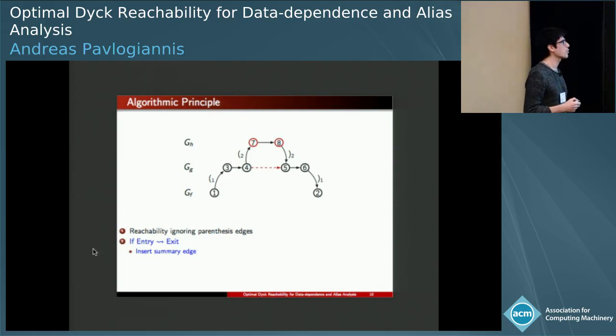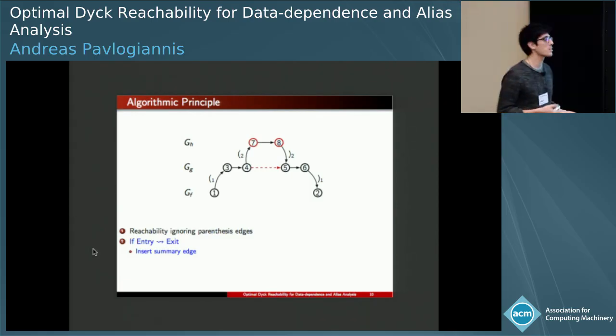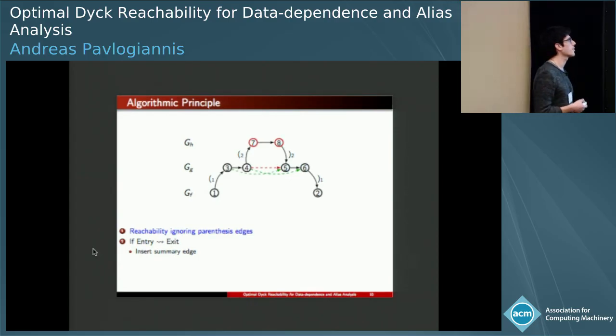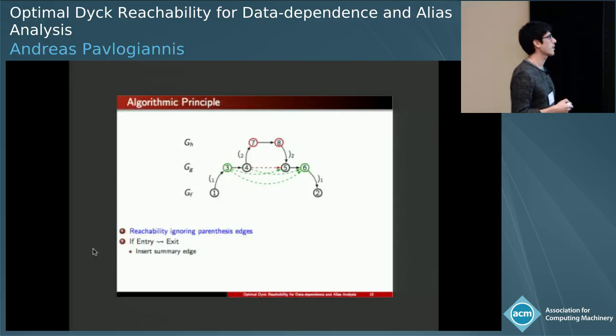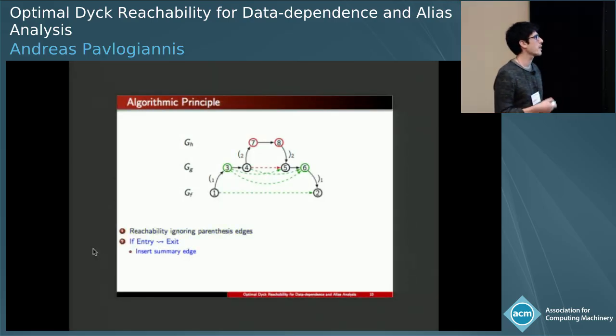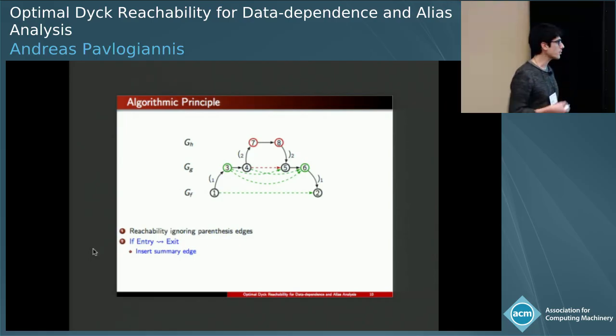And since we have this information now, we're going to add a summary edge to the caller graph down here on the call side from 4 to 5. And as we have added this edge, this creates some new reachability information locally in this graph. We find that 4 now reaches 6, 3 reaches 5, and eventually 3 reaches 6. This is another entry to exit pair, so we add a new summary edge further down, and so on.